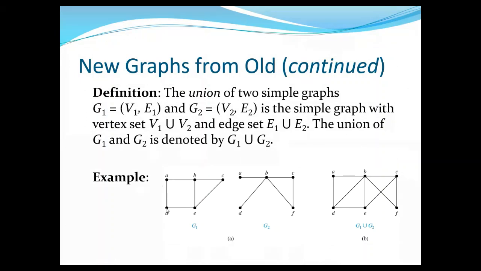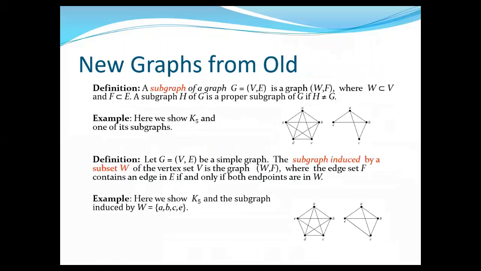Here, D is not connected to B, but in the other graph, D is connected to B. So therefore, the connection will be part of the new graph. All connections from graph 1 and graph 2 will be merged to create the new graph. So that's the union of two simple graphs. That's how we create new graphs.